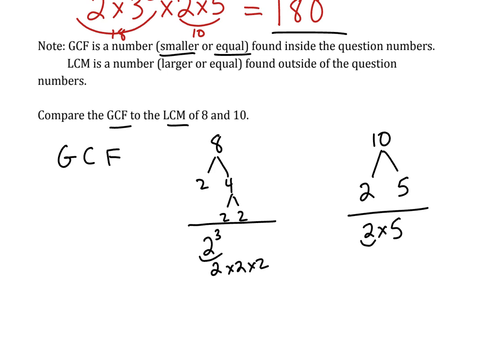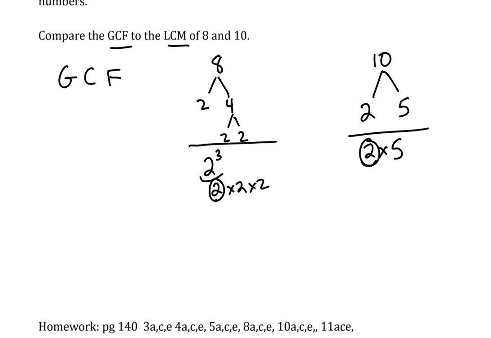So the greatest common factor is just 2 between them. Even though there's 2 to the power of 3, there are 3 2's multiplied by each other to make the 8. Only one of the 2's is common to both. So like I said, greatest common factors are smaller.